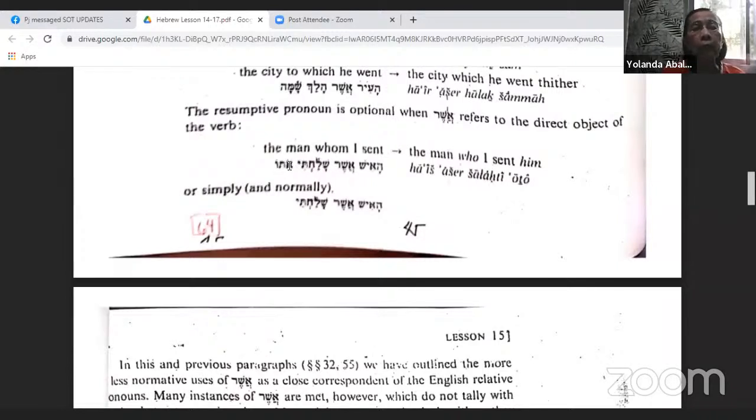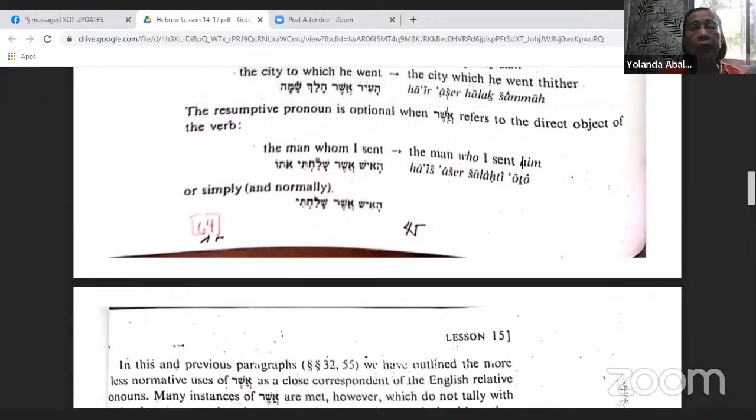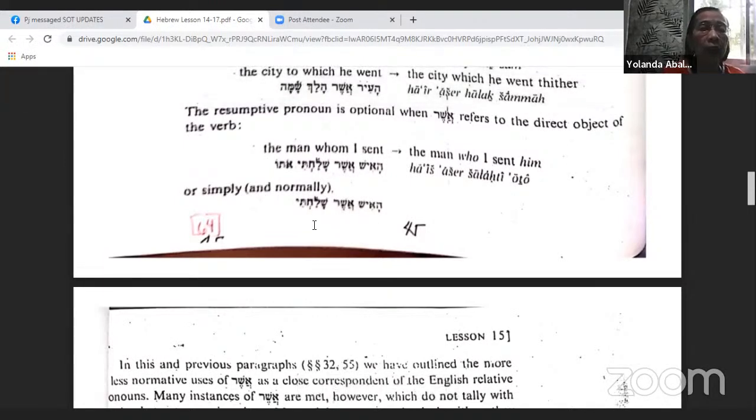Otto, him. Yeah. Shalakti, I sent. Otto, him. So ano meron sa literal? The man who I sent him. Haish, Asher, Shalakti, Otto. Then we have Haish, Asher, Shalakti. Yan yung simple and normal. The man whom I sent.